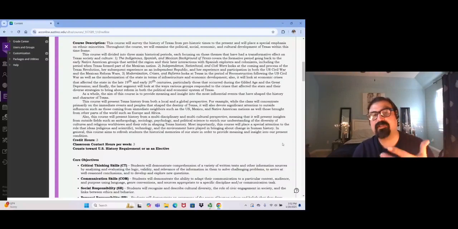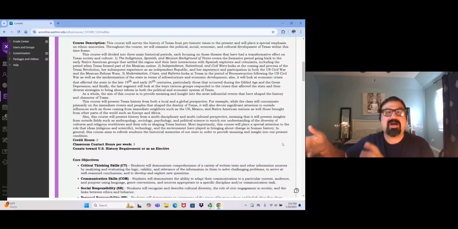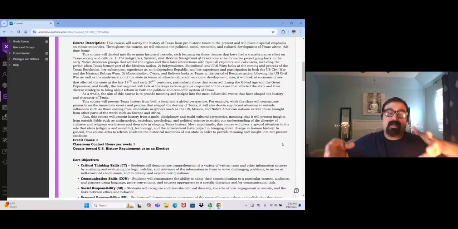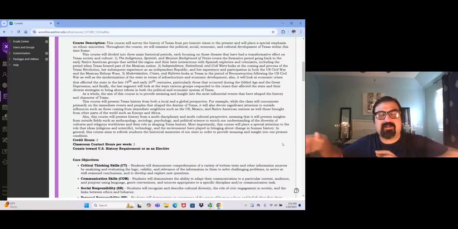The U.S. South decided to secede from the country and create a separate political entity. So we also see how Texas was embroiled in this secessionist movement. Of course, not everybody in Texas agreed to secede from the American Union. We look at that very closely.